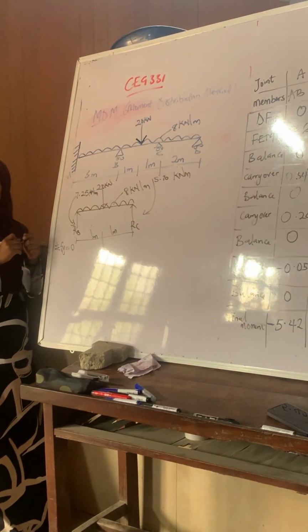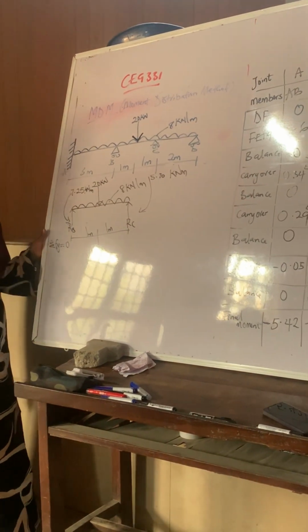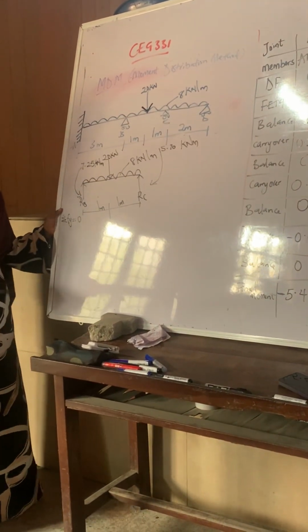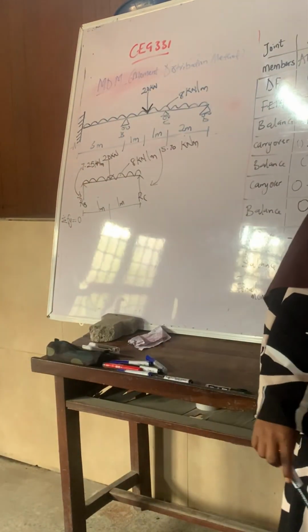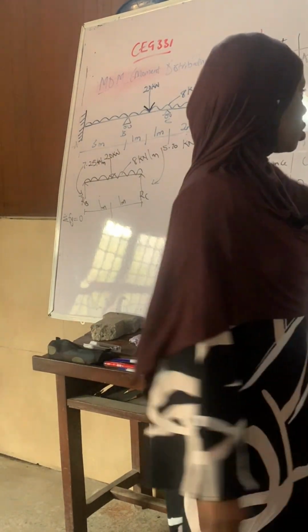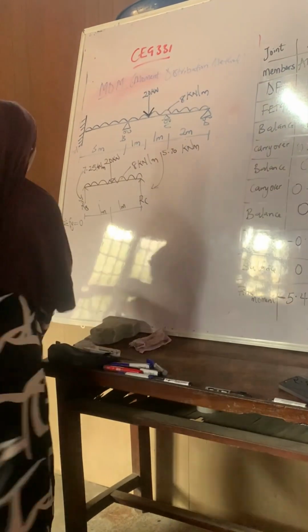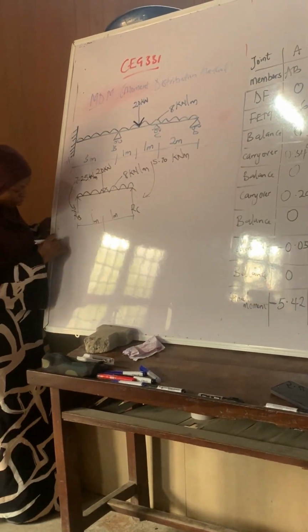The arrow is already showing that it is negative. Anti-clockwise, it's showing that it is negative. So when you want to write, you saw for this one now, I added the minus 5.42, but I did not add the minus in the drawing because the arrow is already showing that it is going negative. So our summation Fy.